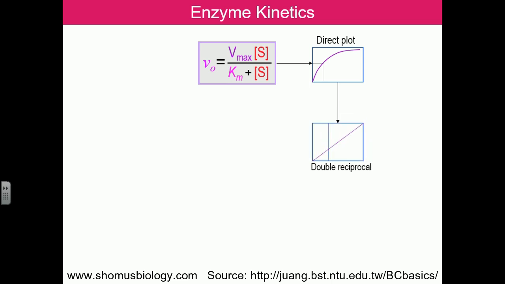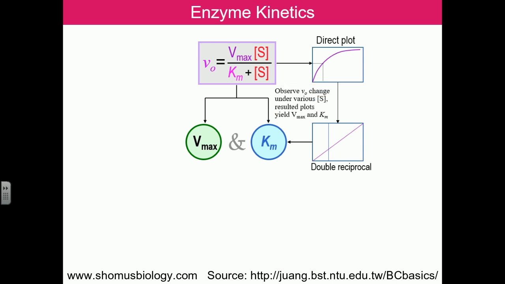And if we look at the double reciprocal plot, we also saw this plot is better for getting the idea of both Vmax and Km, and that's the beauty of the Michaelis-Menten equation. We use the Michaelis-Menten equation to find out the Vmax and Km for any enzymatic reaction.